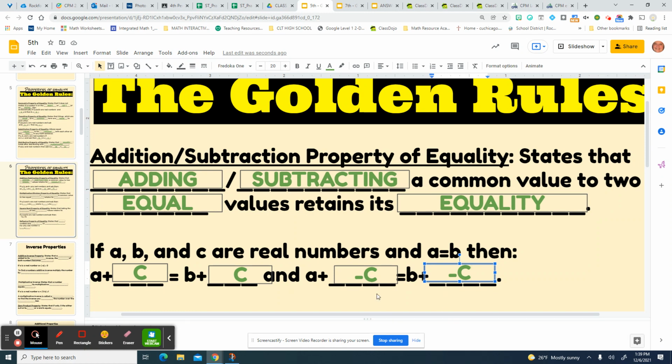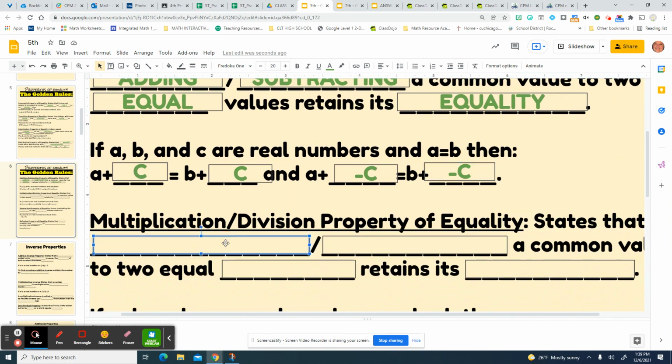And then also the same can be true for multiplication and division. So that if we multiply and or divide a common value to two equal values, it retains its equality.